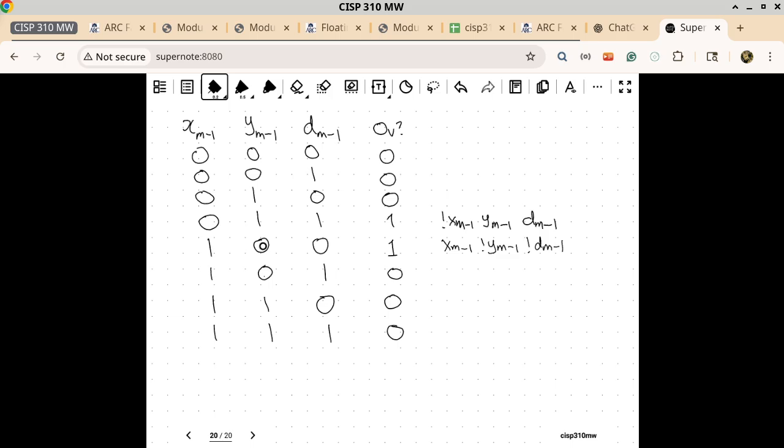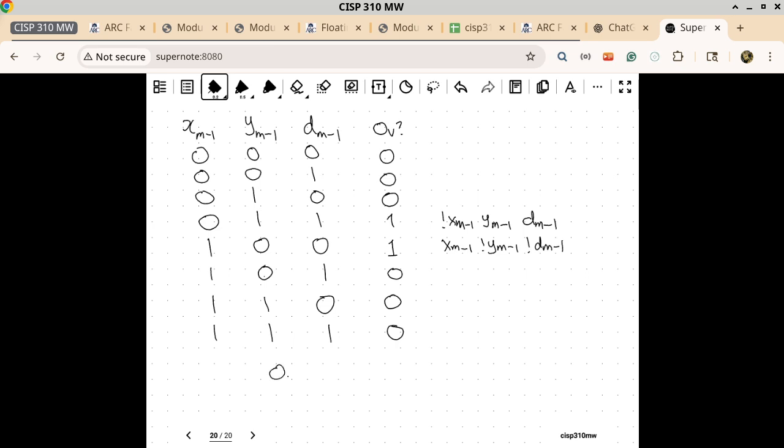But we need to negate y subscript m minus 1 because it is a false to begin with. We need to turn it into a true so that the conjunction becomes a true. The same thing goes for d subscript m minus 1. So one would make the fourth row a 1, one would make the fifth row a 1, but they will all be false for all of the other rows.